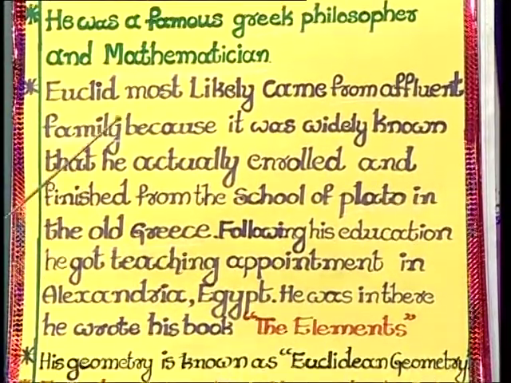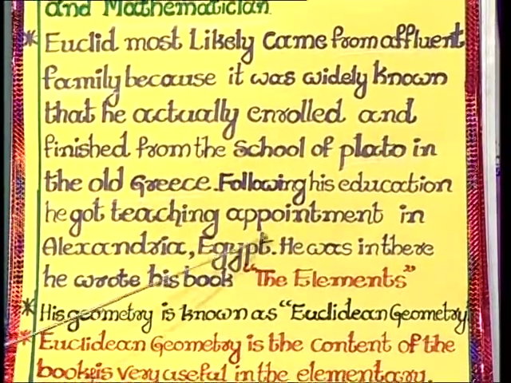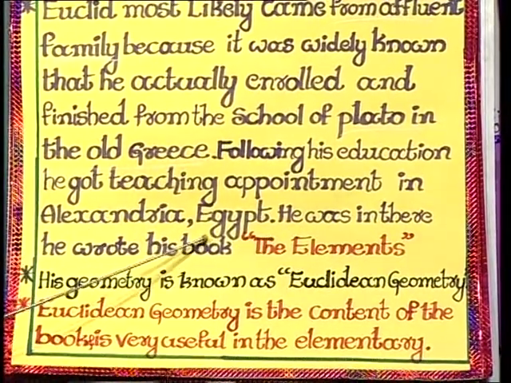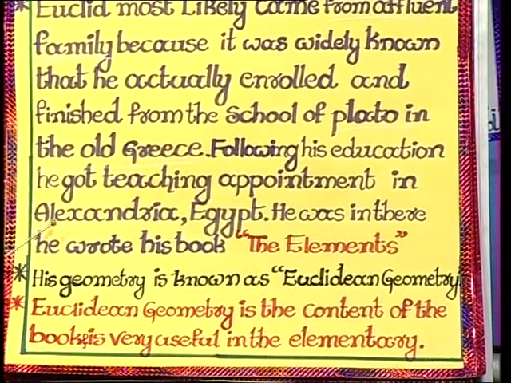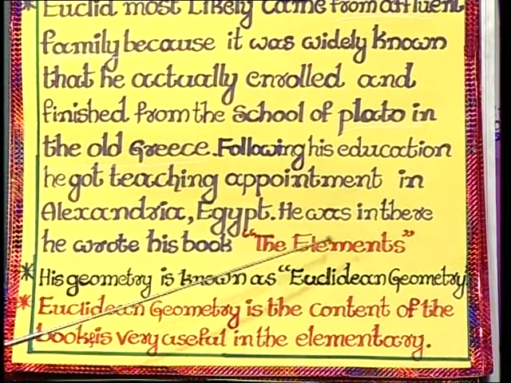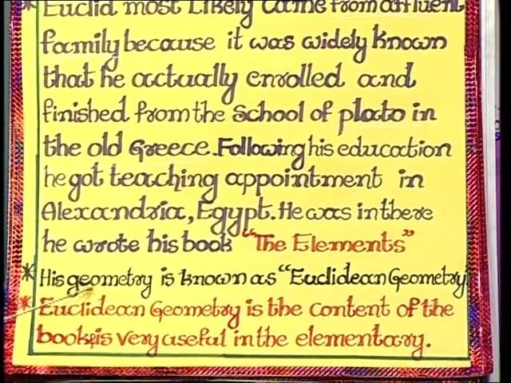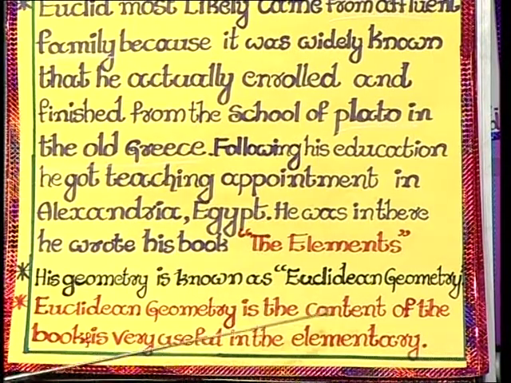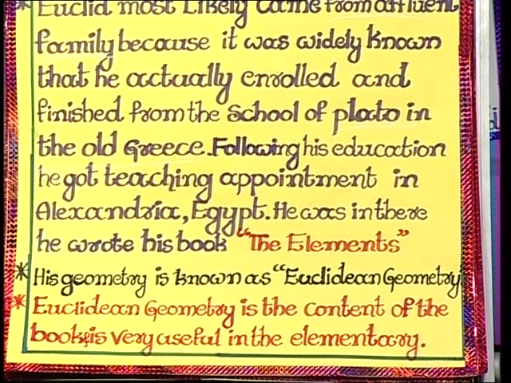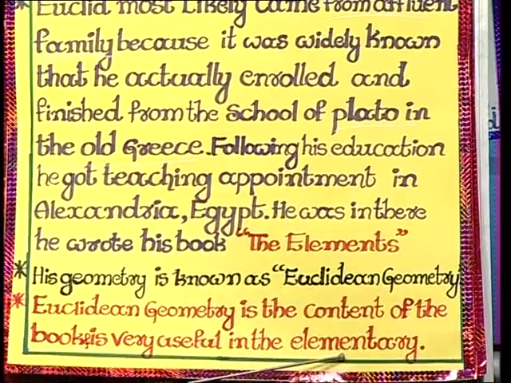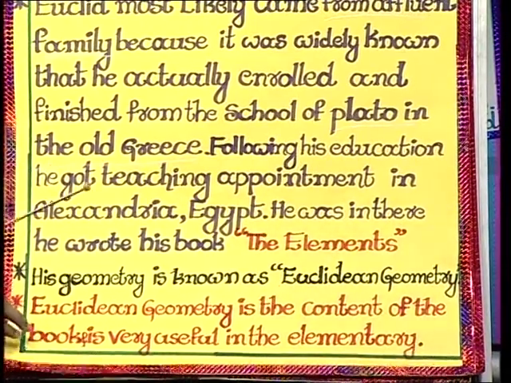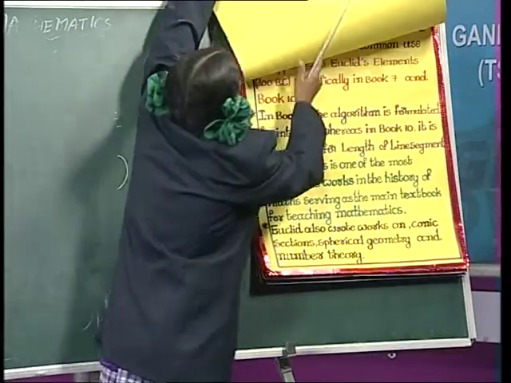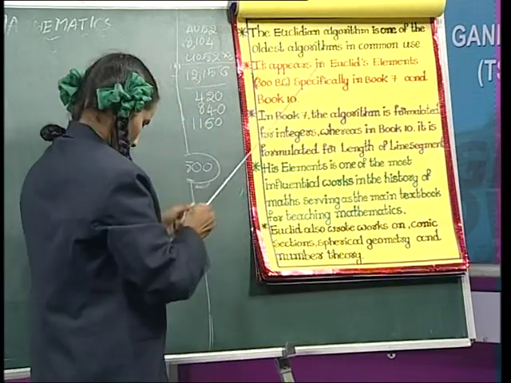Following his education, he got a teaching appointment in Alexandria in Egypt. He was there when he wrote his popular book, The Elements. Okay, his geometry is known as Euclidean geometry. Euclidean geometry is the content of the book and it is very useful for elementary and middle classes also. And this is also the biography of Euclid.